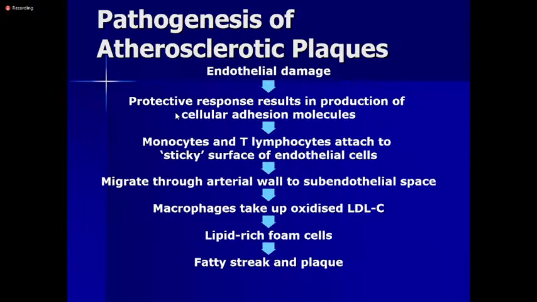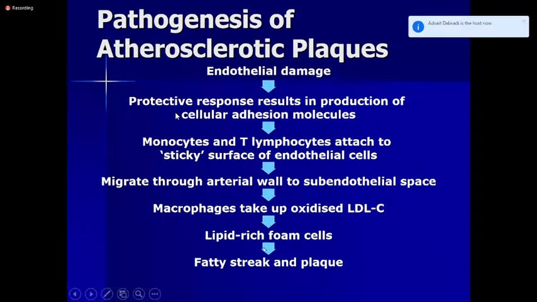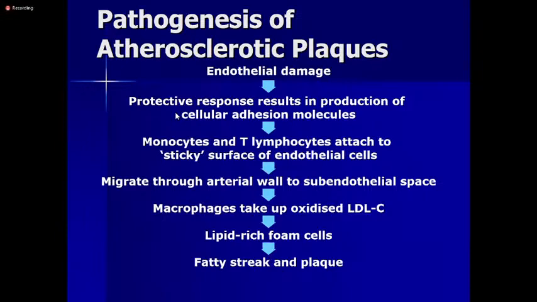Now, the monocytes and T lymphocytes transform to macrophages, which then take up LDL, the low density lipoprotein cholesterol, especially the oxidized form. And this forms the initial lesion in atherosclerosis, something called a lipid-rich foam cell, which ends in a fatty streak and then into a plaque. I'm sure some of this you went through in anatomy.